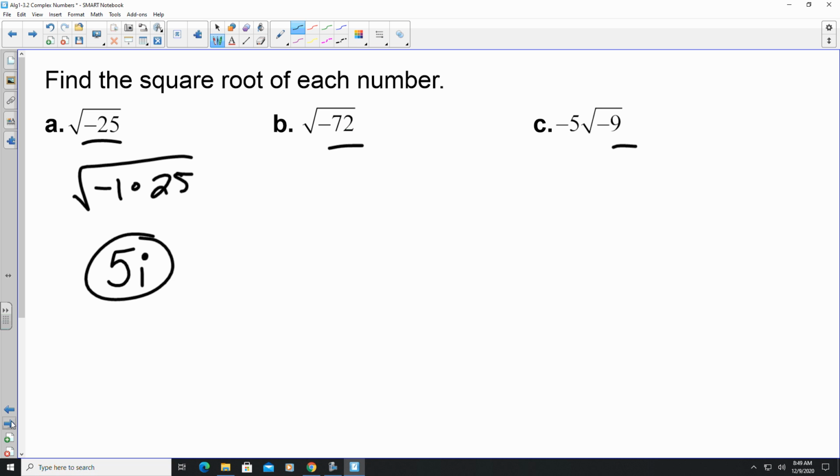All right. Square root of negative 72. So actually, what you're going to do is break this up. You've got negative 1 times, if you break this up to get an exact answer, this is like negative 1 times 8 times 9. Actually, no, I think I can get a better perfect number.